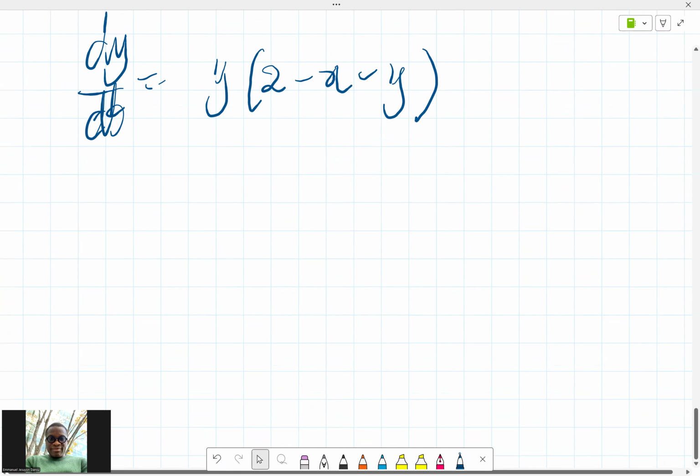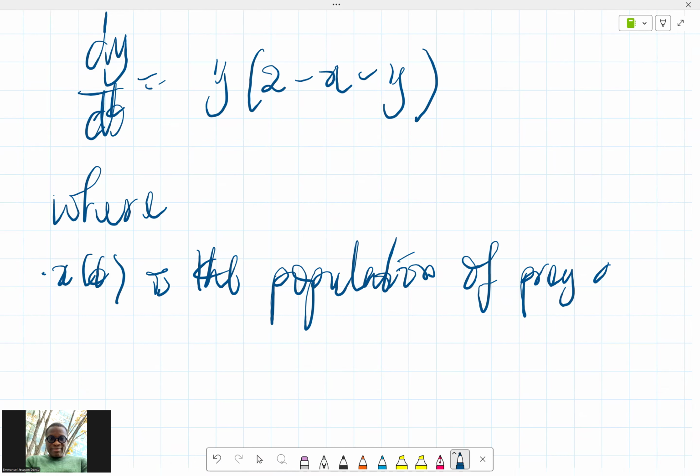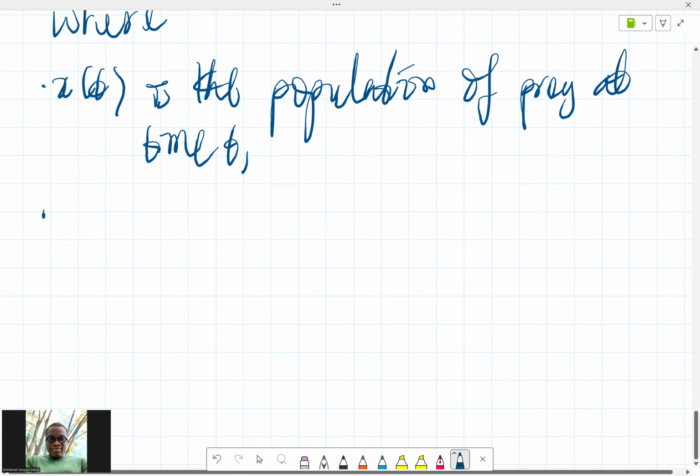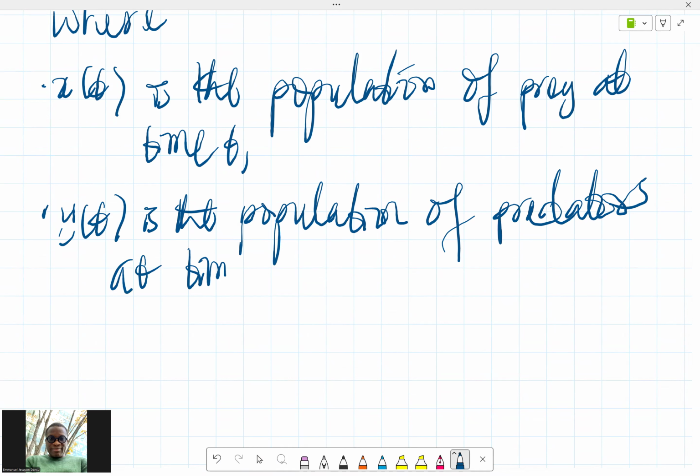So here, x of t is the population of prey at time t, and y of t is the population of predators at time t.